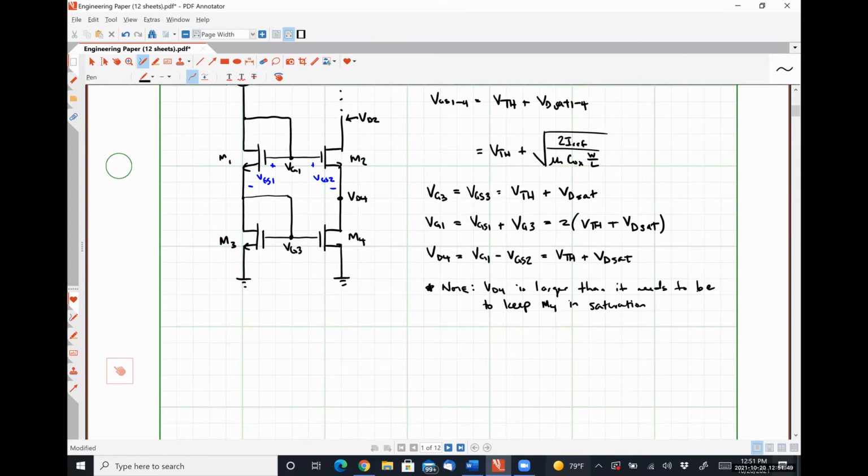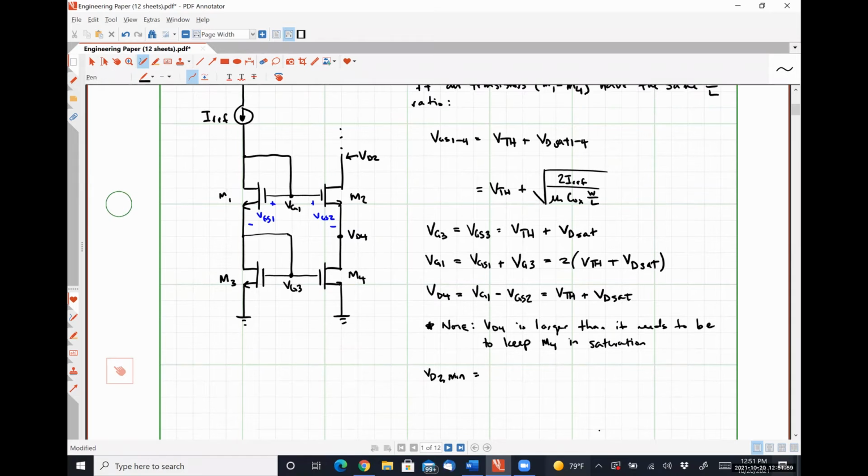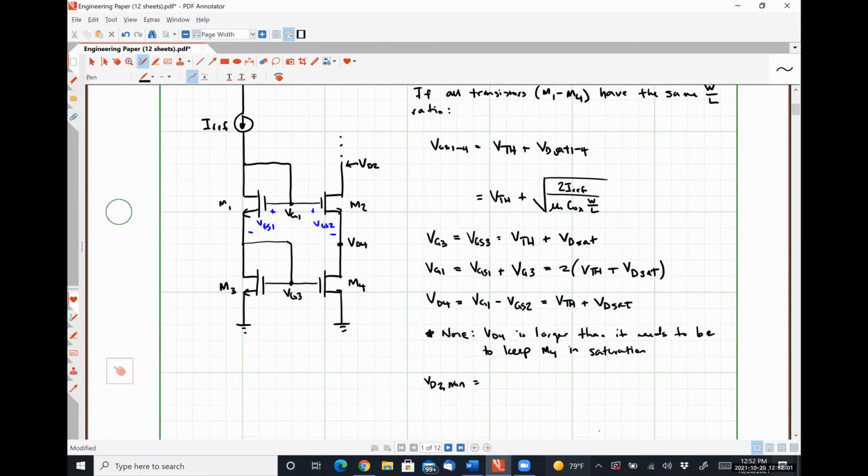So now that we know all of those other biasing voltages, what is the minimum voltage that can occur at the drain of transistor M2 with respect to ground to keep that guy in saturation? Pardon?